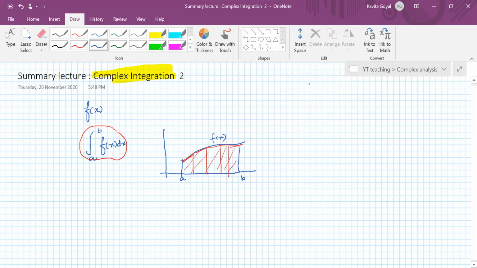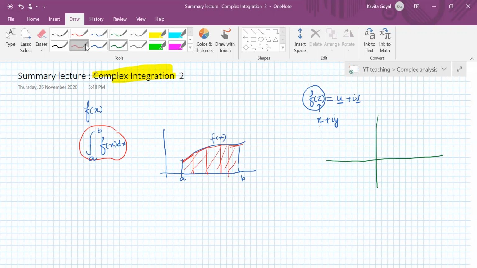Now suppose you have a complex valued function of a complex variable, f of z, where z is your complex number, x plus iota y, and f of z is again a complex number of the form u plus iota v, where u is a real valued function of x and y, and v is a real valued function of x and y. Now your domain plane is the xy plane or complex plane.